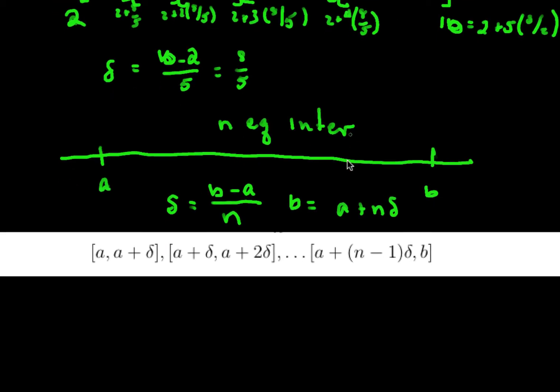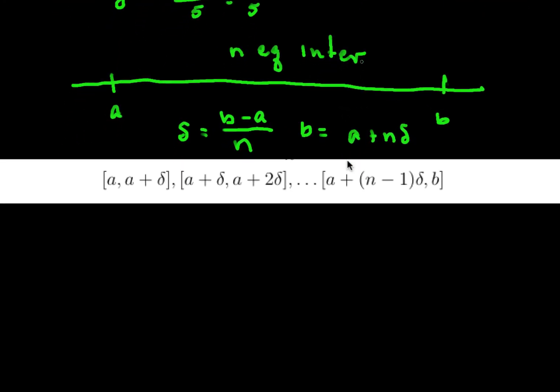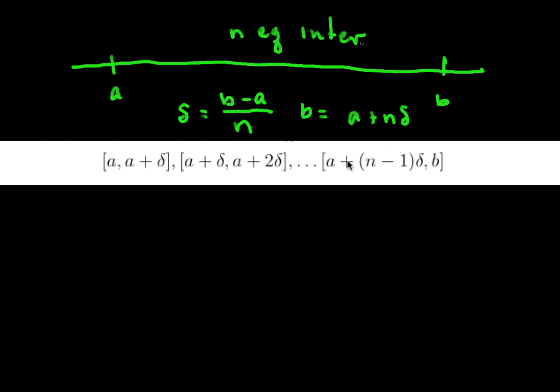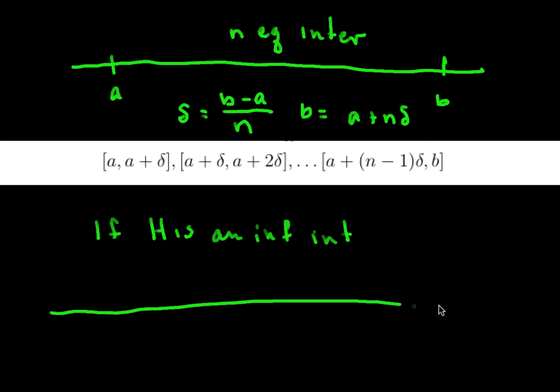What if, on the other hand, I want to cut it into an infinite number of intervals? So what if h is an infinite integer? So I want to cut my domain into this many pieces, but it's an infinite number. So again, I've got my interval, or my domain.